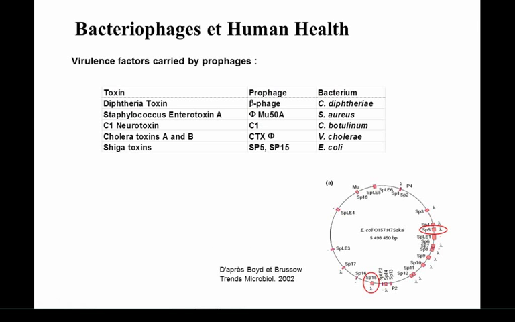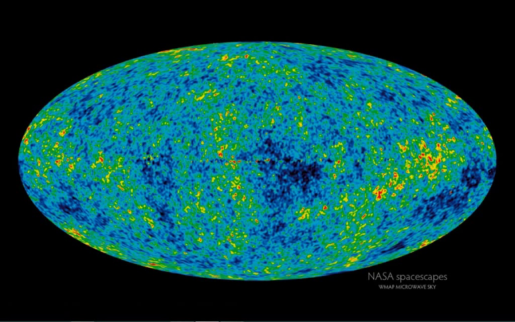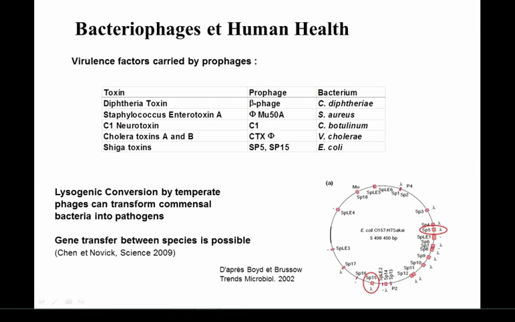Now, the net result of this is that transfer from one bacterium to another through lysogenic or temperate phages can convert commensal bacteria into pathogens.